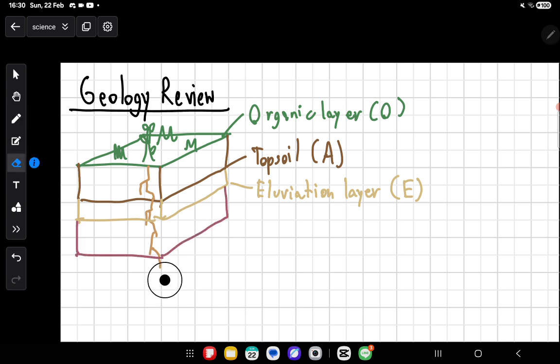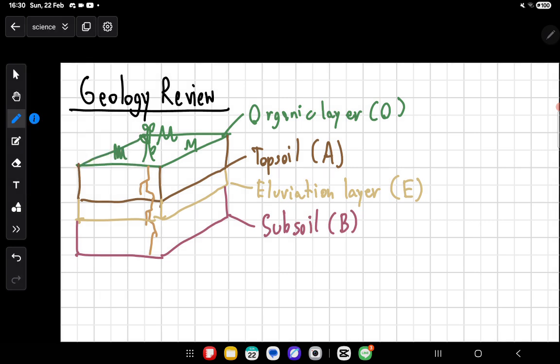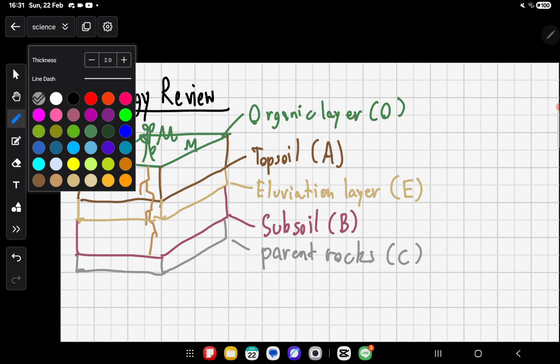Okay, sorry, it's not supposed to go that far, but this is the subsoil layer, otherwise known as B horizon. Now, the C layer, or parent rocks. This is the C horizon, or otherwise known as the layer of parent rocks.